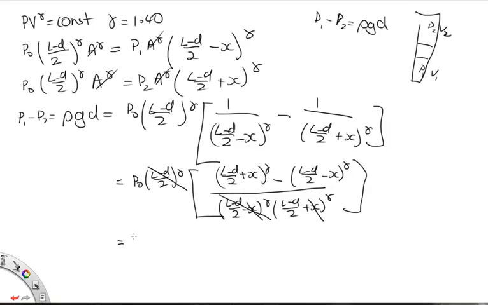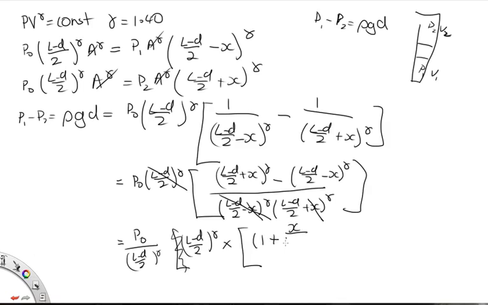So let's rewrite this. We've got P naught over (L minus D over 2) to the gamma. Now, to deal with this, we actually need to take out L minus D over 2 as a common factor. So we've got (L minus D over 2) to the gamma times, this is (1 plus X over L minus D over 2) to the gamma minus (1 minus X over L minus D over 2) to the gamma.